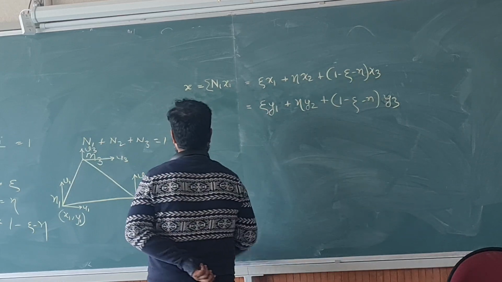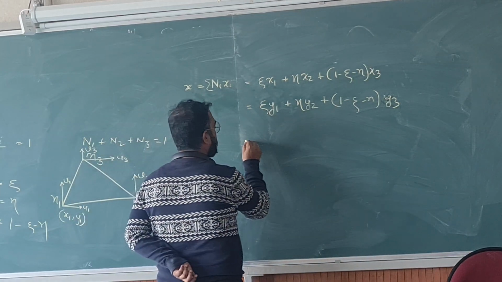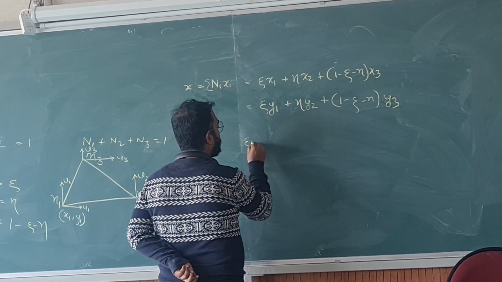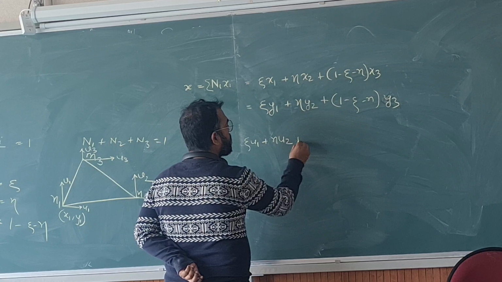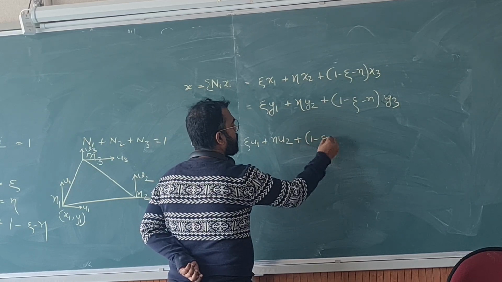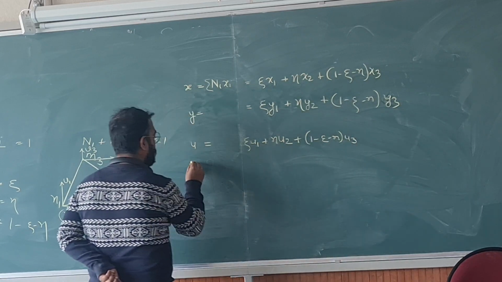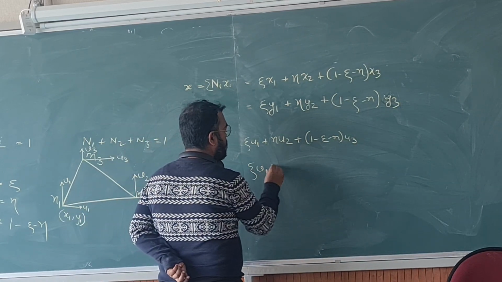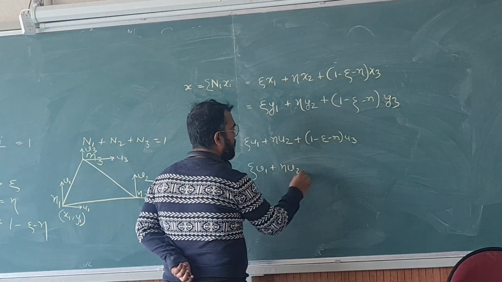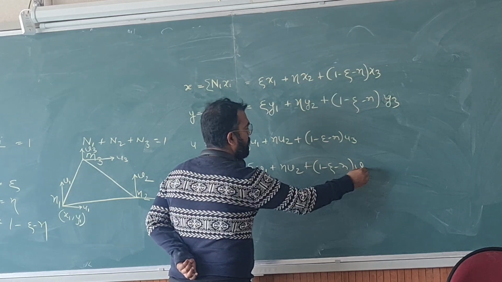And I can write U as U1, U2, U3 and V1. So V is equal to V1, V2, V3.